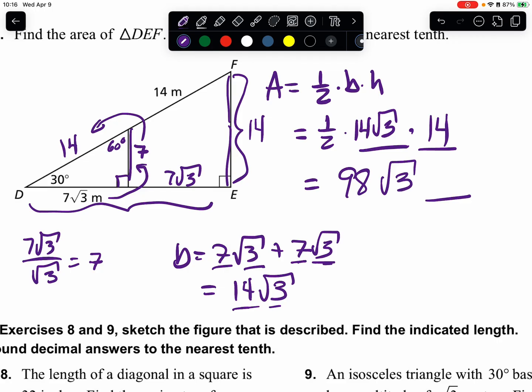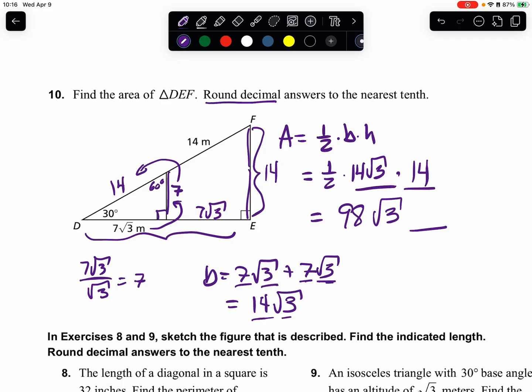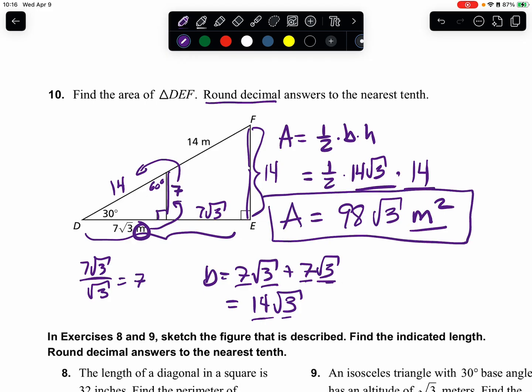Now we need to have units on here because this just isn't a number. We actually know what we're measuring. So this is meters, and because it's an area, excuse me, it's meters squared. All right, so there's my area, 98 times radical 3 meters squared.